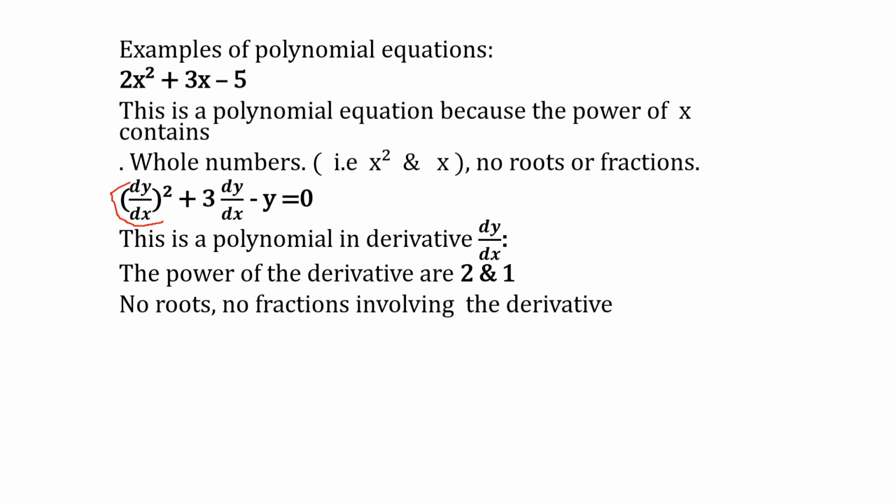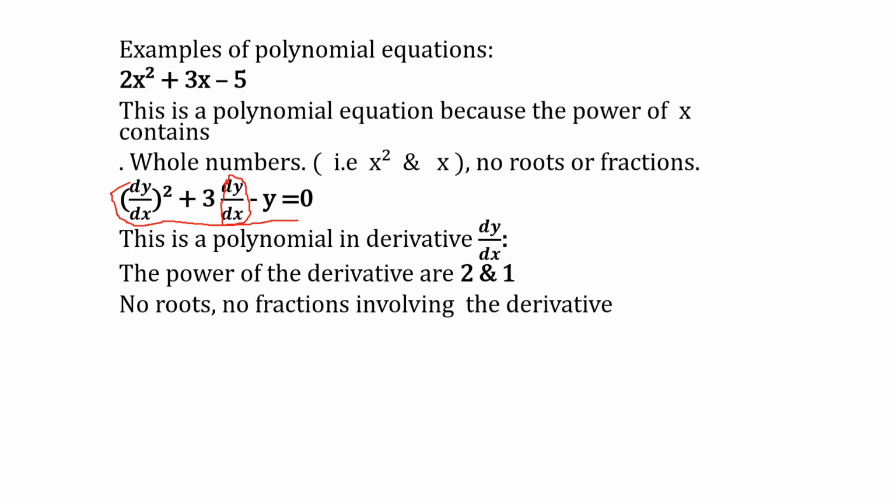So this kind of equation is called a polynomial equation, because the dy/dx that is there, does it have a fraction? Like, what do you mean by this fraction? Like 2 over dy/dx? Does it have that? No. Does it have 1 over dy/dx? No. Mind you, I said we are considering it in terms of dy/dx now.